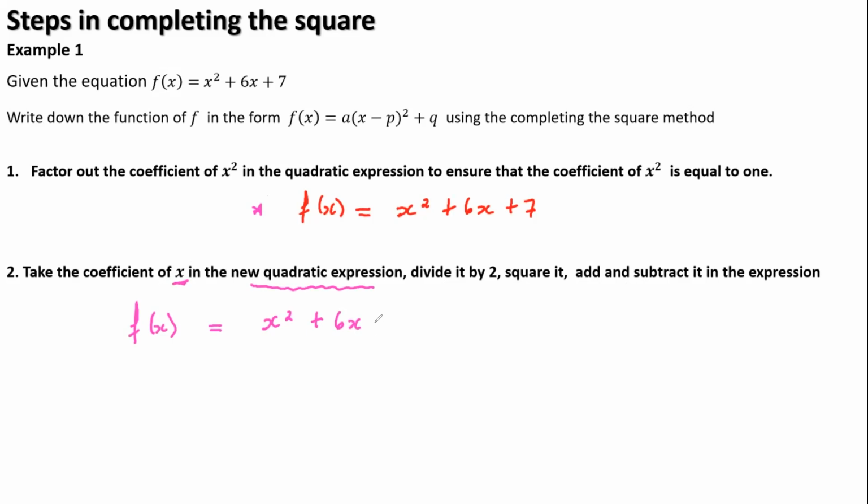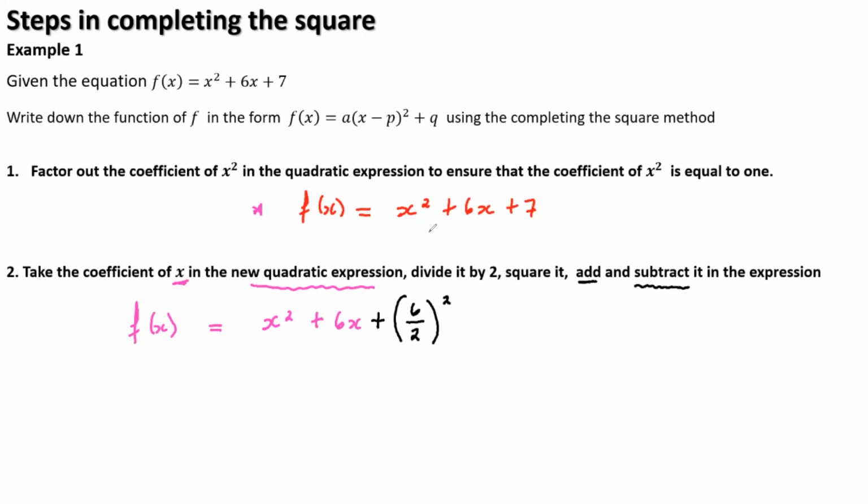So I'm going to take the coefficient of x. I'm going to put a plus because they said add. Take the coefficient of x, which is 6 in this case. Then I'm going to divide it by 2. Then I'm going to square it. So they said, take that coefficient, divide it by 2, square it, add, and then they also said subtract it. So I add and subtract.